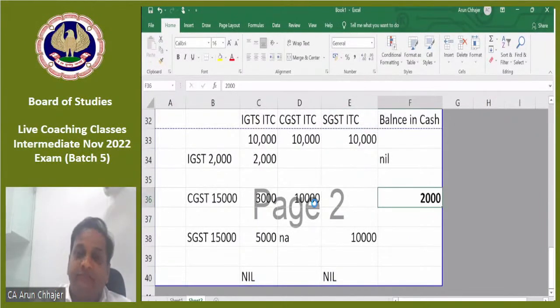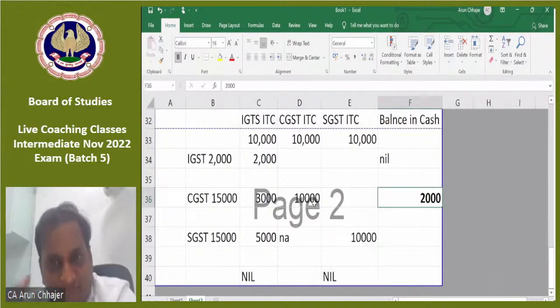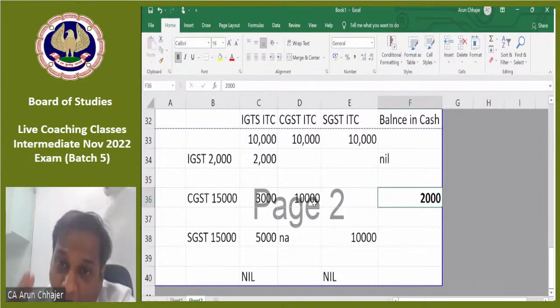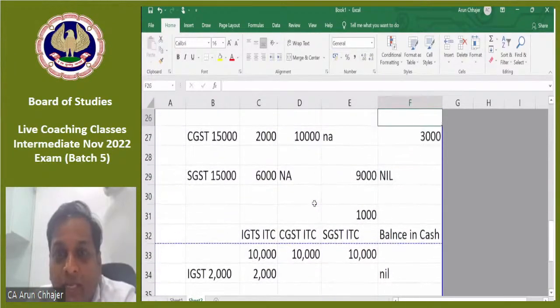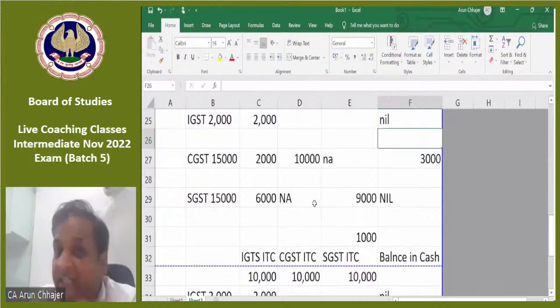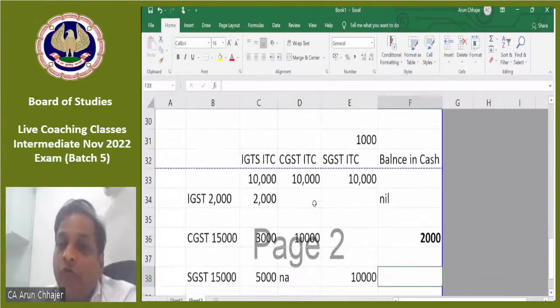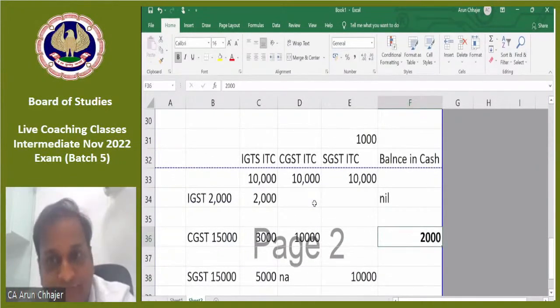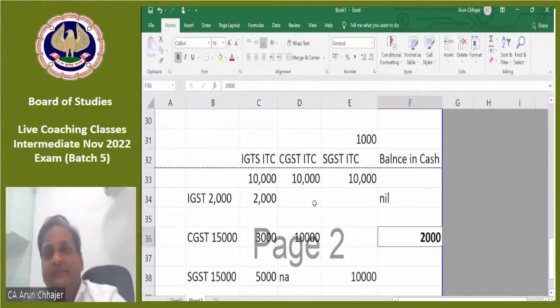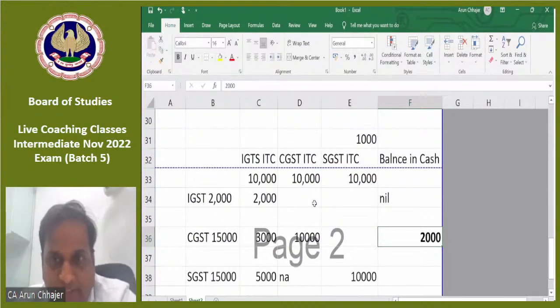Now you see, if we apply all our mind before utilization, we can have a better option. You can see the example above. Here you are making a cash outflow of 3,000, but just by making some changes, your cash outflow requirement has been reduced by 1,000. Is it clear? Please confirm, is it clear? Is it okay?